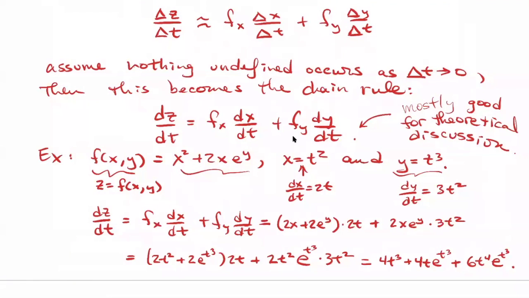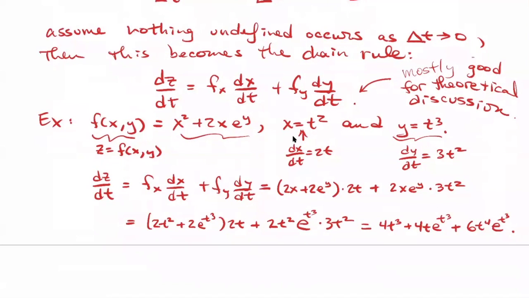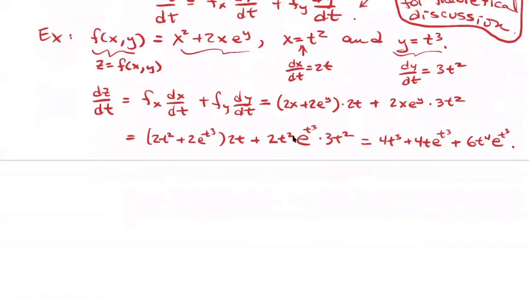So don't get too worked up about having to remember these formulas. They just aren't that useful. If somebody asked me to take a derivative, I guess I'll show an example of that, but okay, let's continue on.